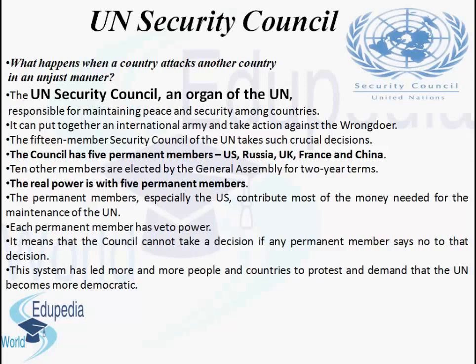There is a major veto power given to these 5 permanent members, which means if any of the permanent members does not agree with the decision taken, it can say no. Because of this system, many other countries have protested and demanded that the UN should be more democratic. It means if 4 of the members have taken a decision and one member disagrees, then there is no meaning of the decision taken.